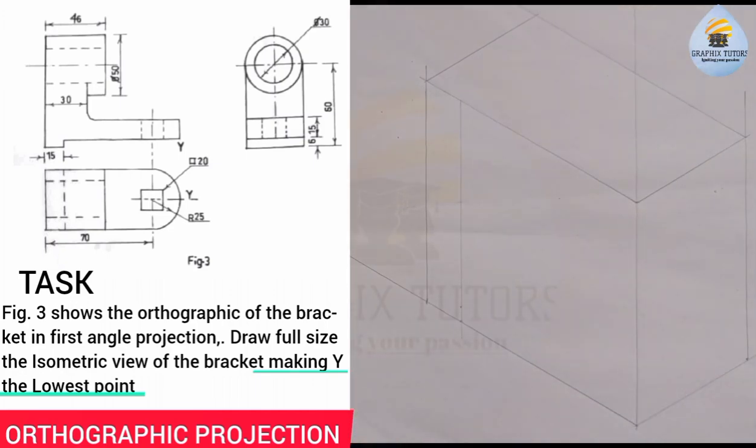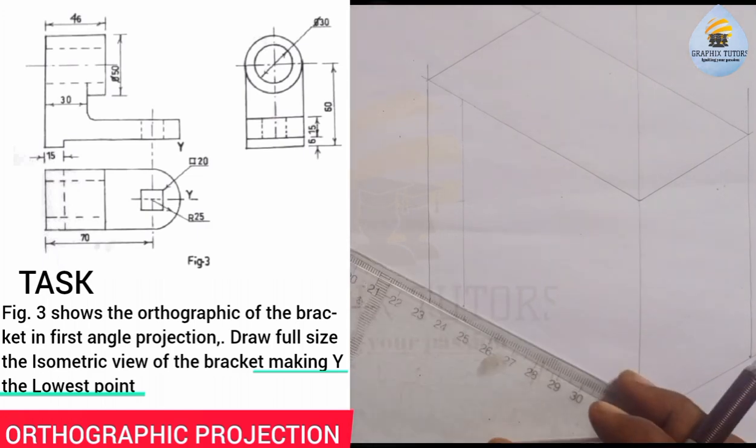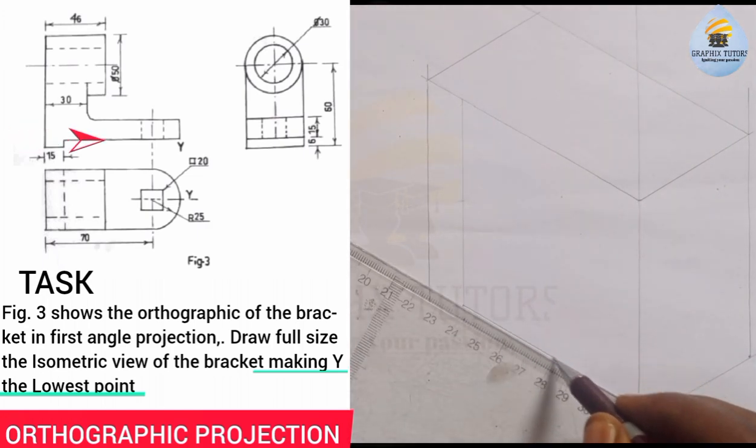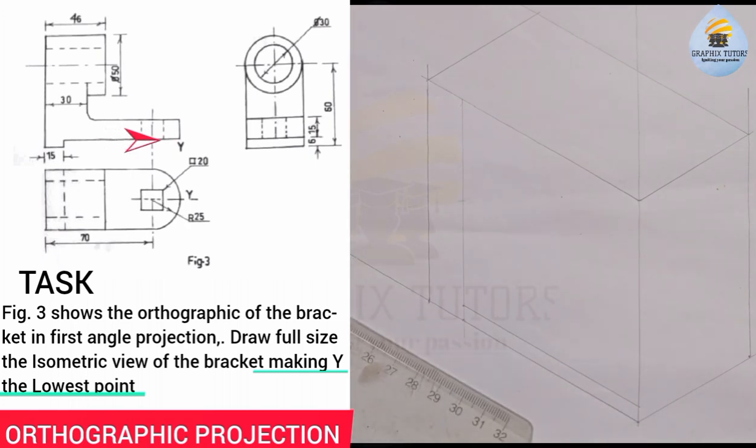You can see that. And once I've done that, I'm going to take my instrument and project from this point straight down here this way. And I'll now measure another one up here, which is 15.